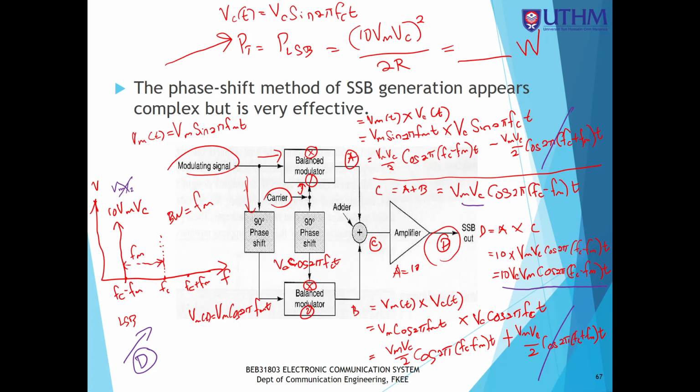From the amplitude spectrum, we asked about the bandwidth. How much is the bandwidth? From there we asked how much is the total power. So you see that the questions are in sequence. We usually ask questions in sequence: produce the equation, produce the spectrum, find the bandwidth, find the power, or find other parameters. That's the sequence.